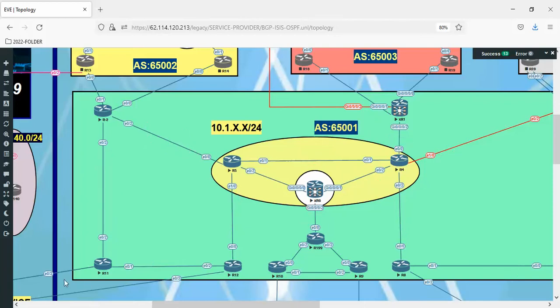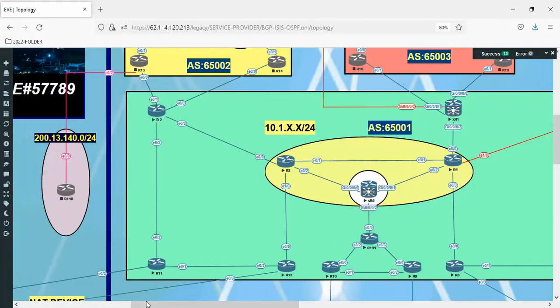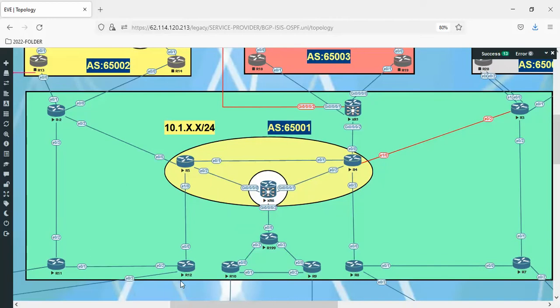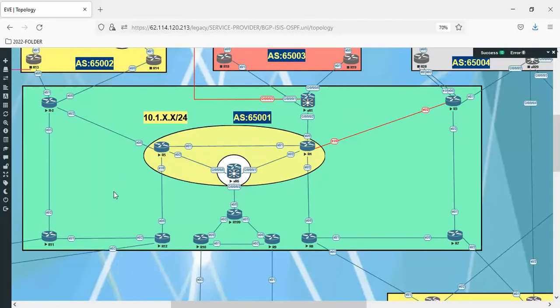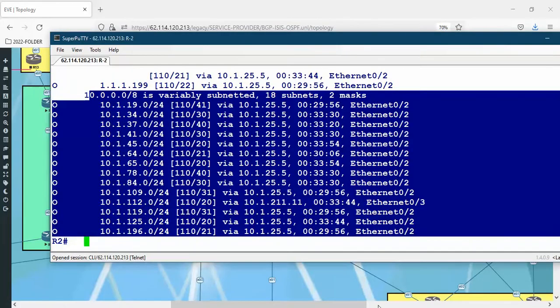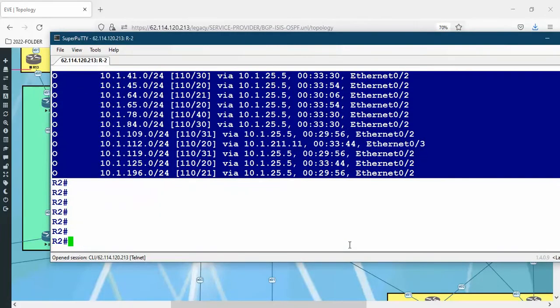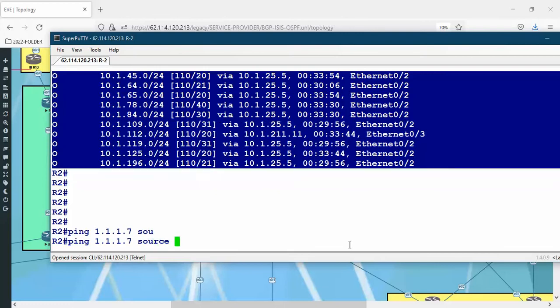Okay, so just to make the point clear step by step, I need to reach from loopback 2 to loopback 7. Let's do this. Ping 11.1.1.7 with the source loopback 0.